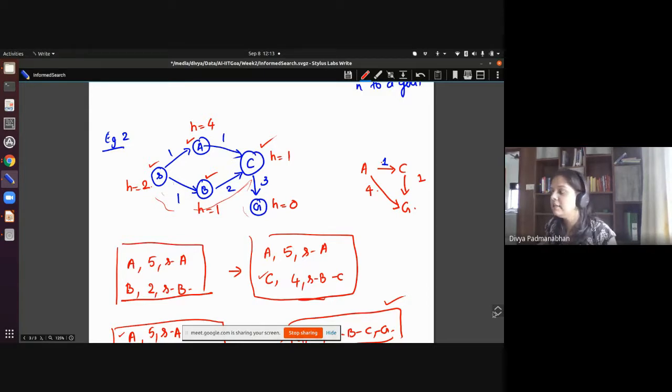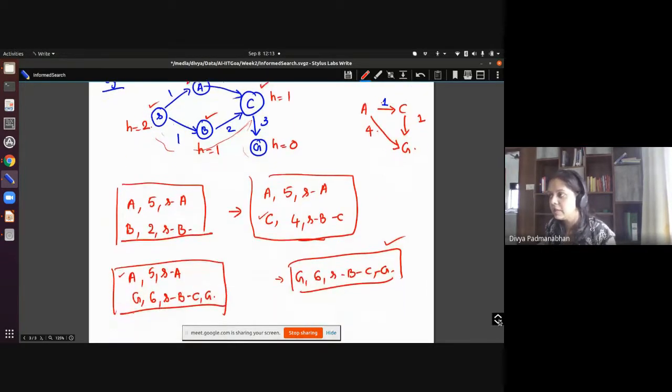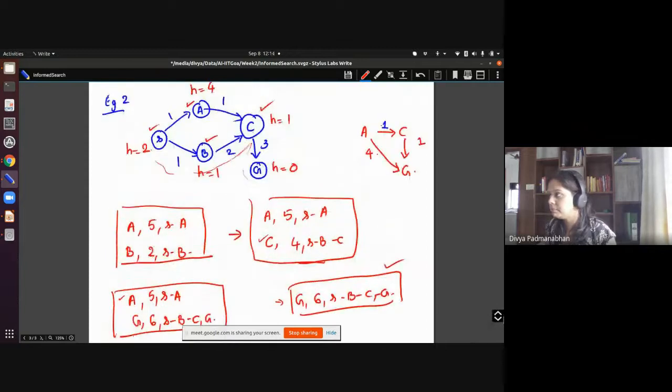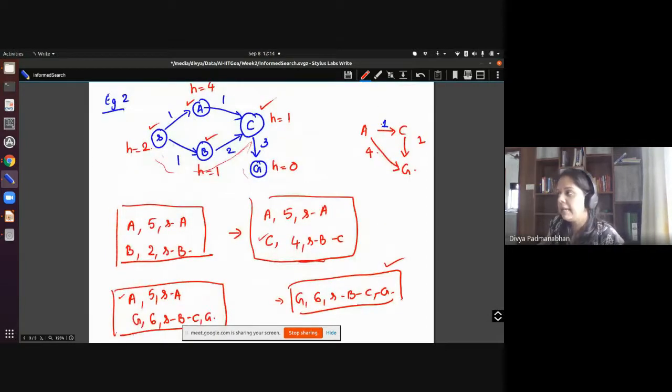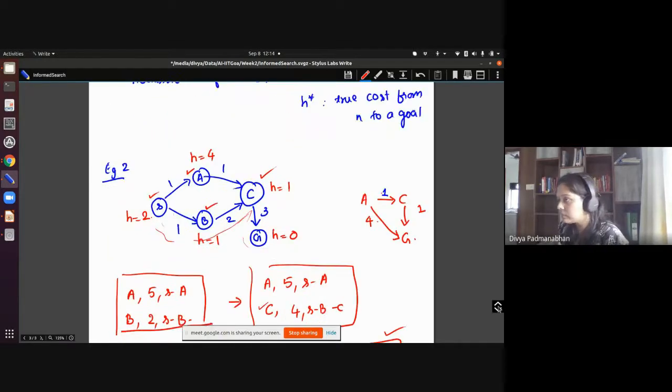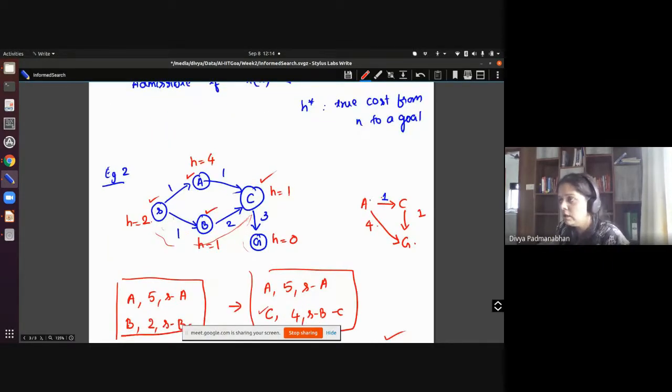So here the issue was again with the heuristic. From A to C to G there's a path, and according to the heuristic value, from C to G the heuristic says the cost is 1. The actual cost from going from A to C is 1. But the heuristic is saying that the cost of going from A to G is 4. That's what it means when you say h is 4.